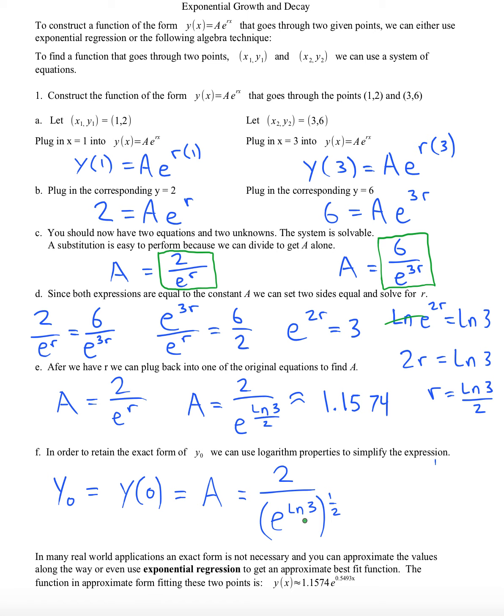Whenever we're multiplying exponents in that way, we would be raising an exponent to another exponent. So we're allowed to separate them like this. When we do, the e and the ln cancel, making this 2 over radical 3. And if we rationalize, we'll get 2 radical 3 over 3.